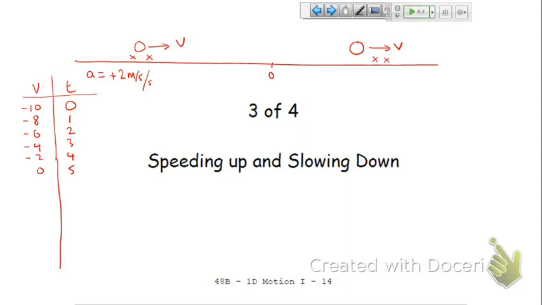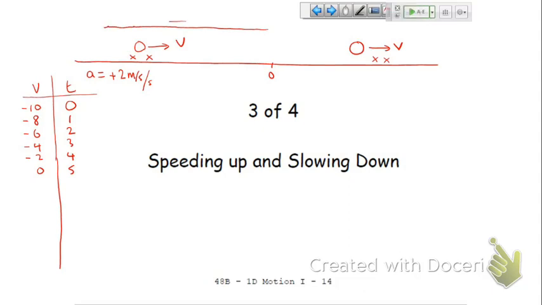So what's happened here is I'm traveling in a negative direction, but I'm going slower and slower and slower.